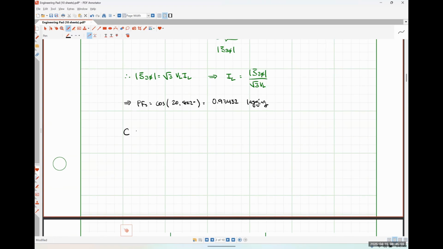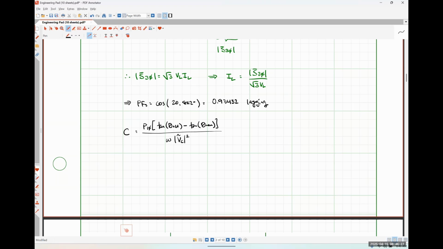So C in general is going to be our single phase average power multiplied by the tangent of theta old minus the tangent of theta new, all divided by omega times the magnitude of the voltage drop across the capacitor squared.